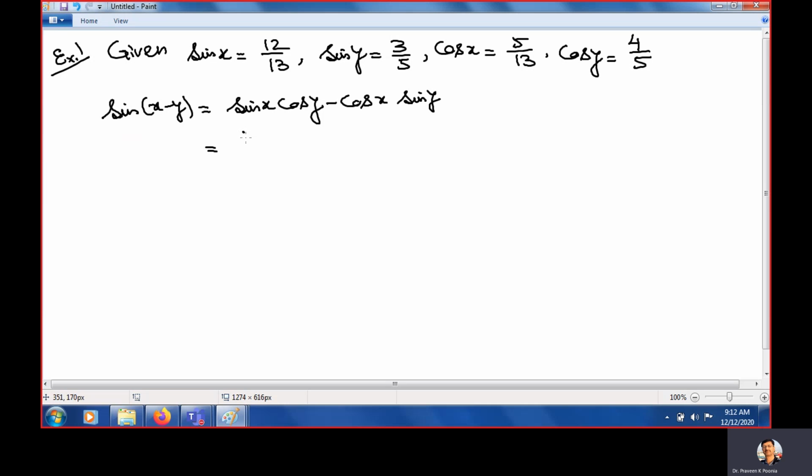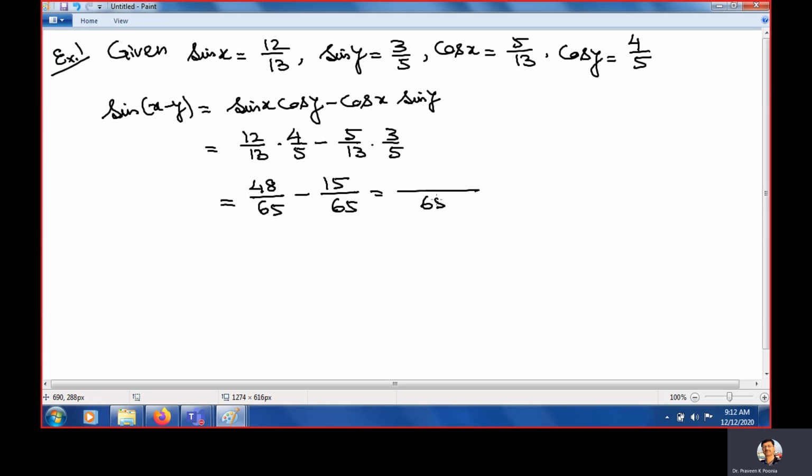So sin x is 12 upon 13, cos y is 4 upon 5, minus cos x is 5 upon 13, and sin y is 3 upon 5. 12 times 4 is 48 upon 13 times 5 is 65, minus 5 times 3 is 15 upon 65. 65 is the LCM. It is 48 minus 15. And what is the answer? If you subtract it, it will be 33 upon 65. Okay, it is sin x minus y.